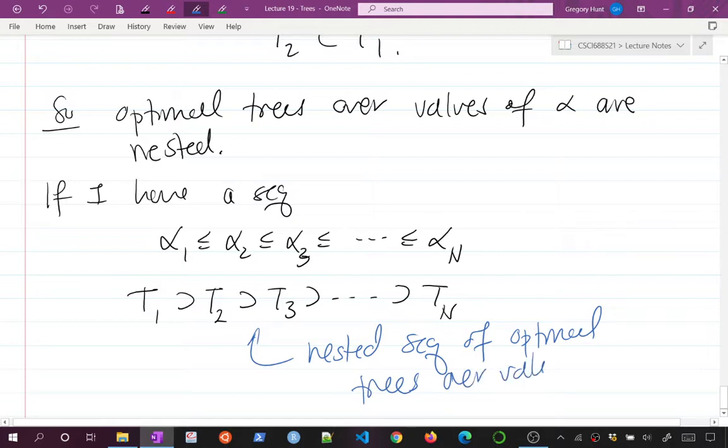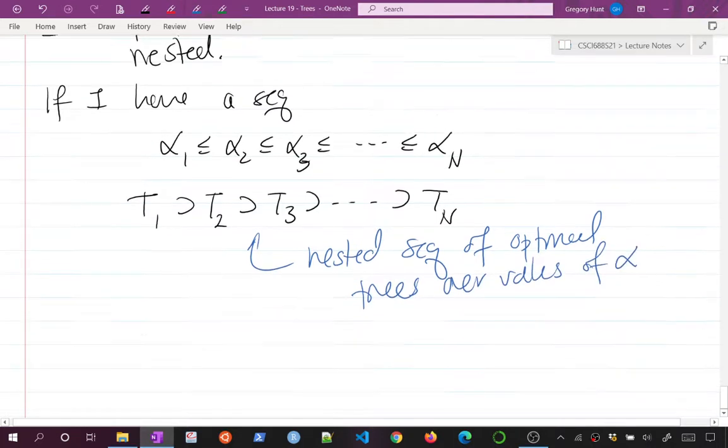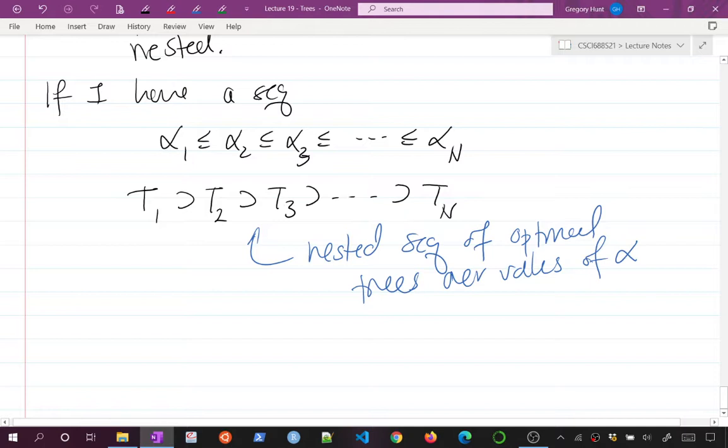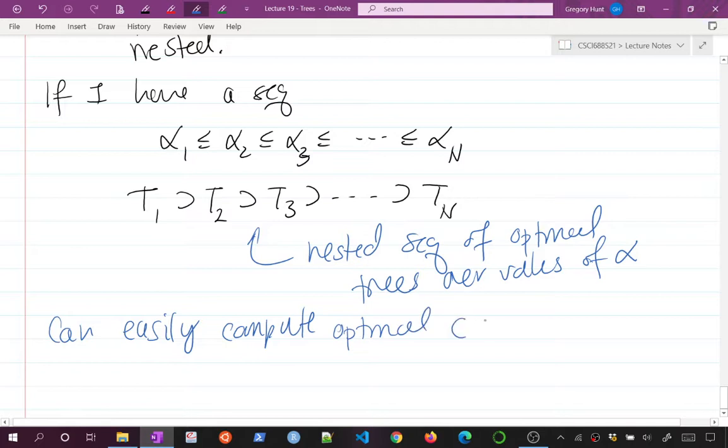So what this means is I can very easily compute, because these optimal trees for different values of alpha are nested, the optimal cost complexity, let's say CC trees, over a sequence of alphas.